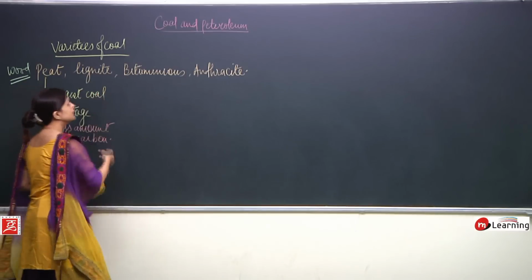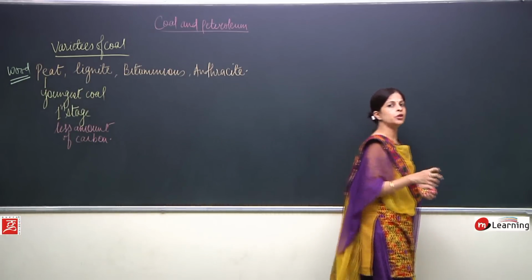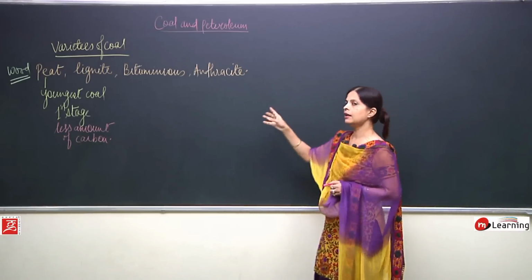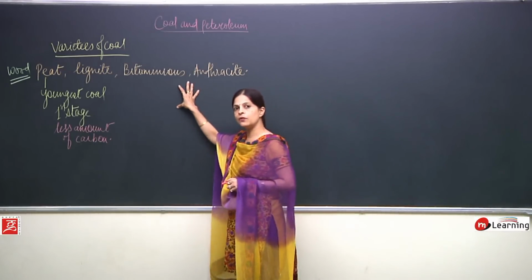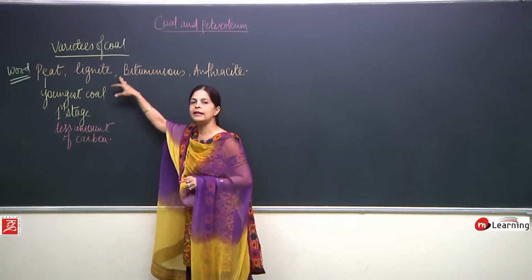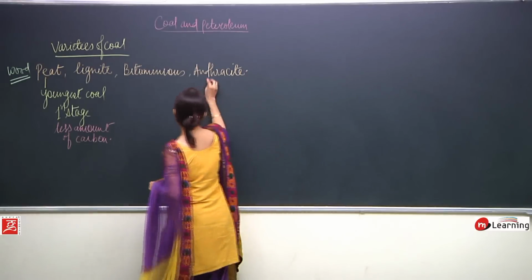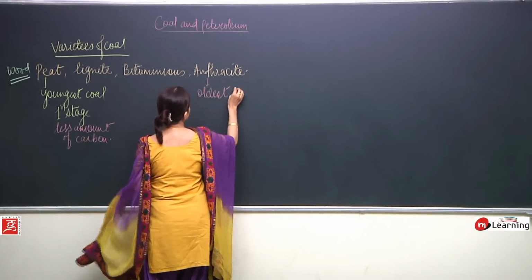Now, in lignite, obviously the amount of carbon will be more than peat and lesser than bituminous. Likewise, in bituminous the amount of carbon will be more than lignite and less than anthracite. And anthracite, I can write, is the oldest coal.